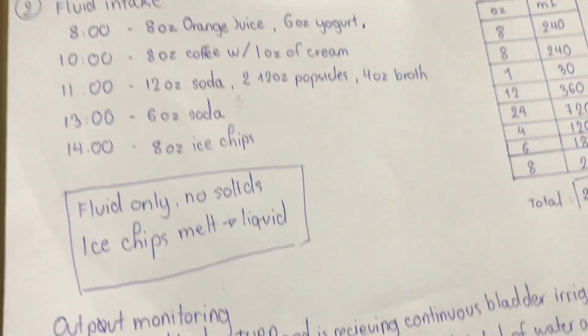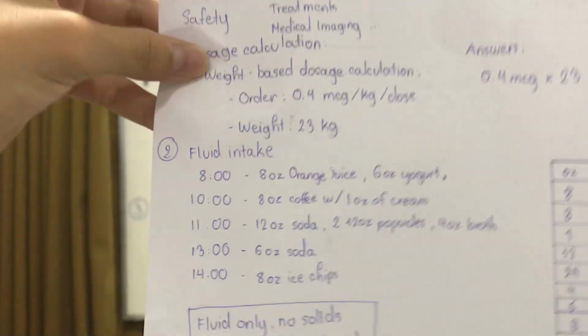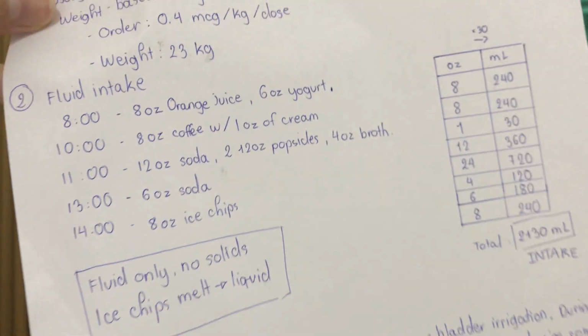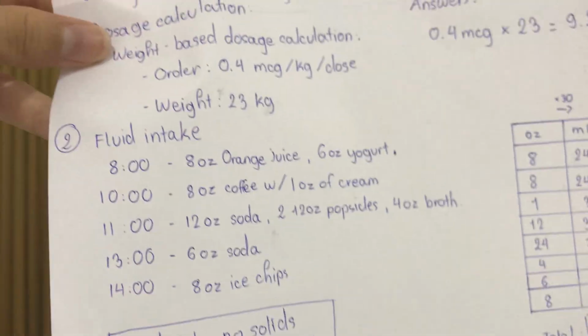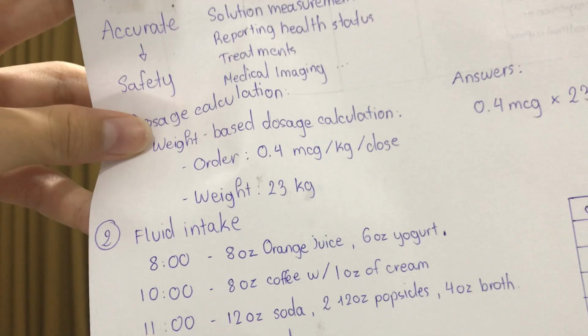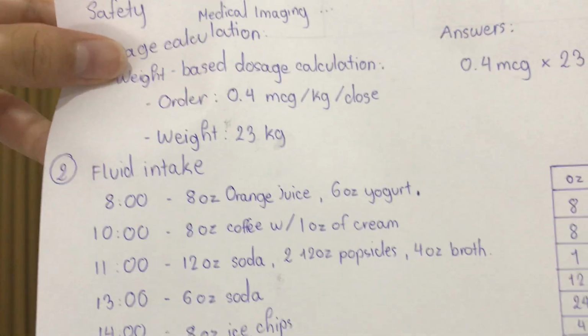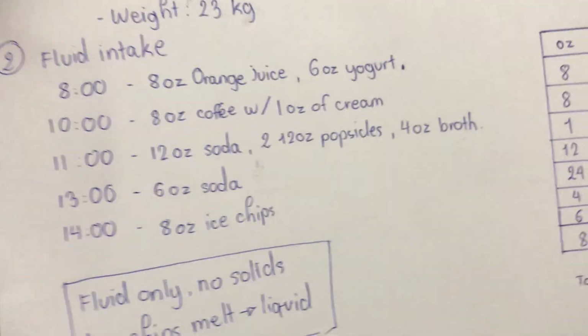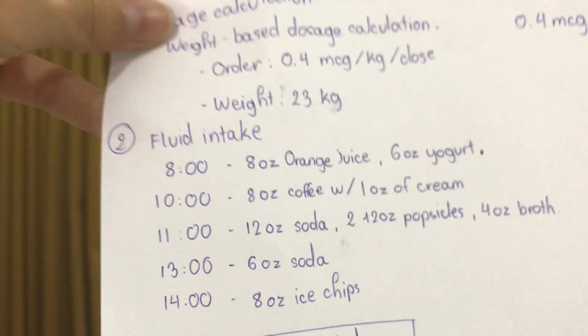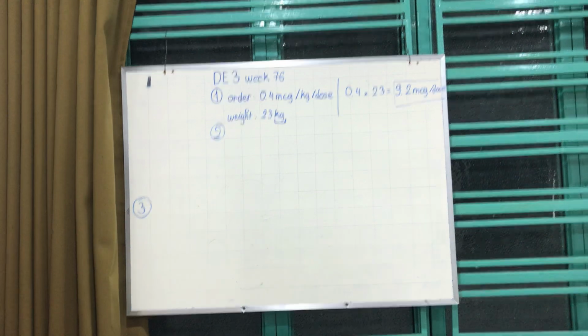So there's fluid only, no solids. In this whole list, there's only one solid food, which is yogurt. It's not actually solid, it's a mixture of both solid and liquid, but the solid part is more than the liquid part, so we consider it a solid. So we will eliminate that.